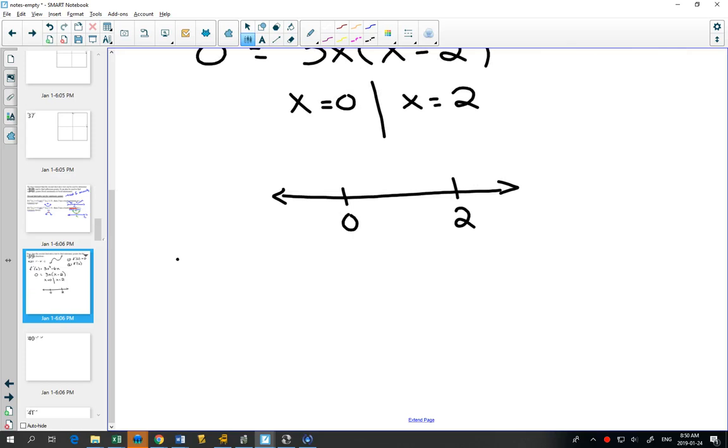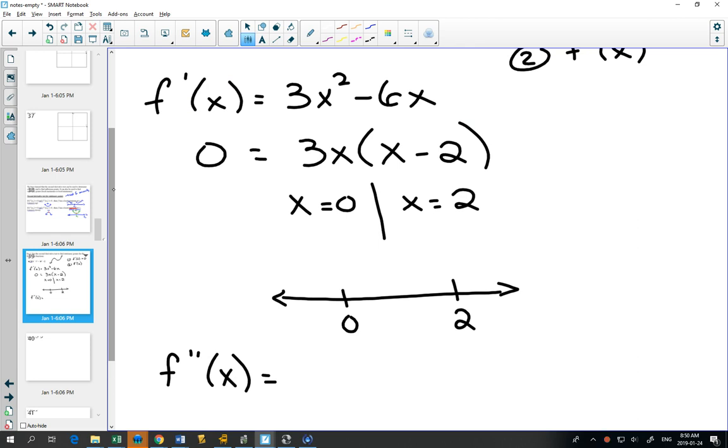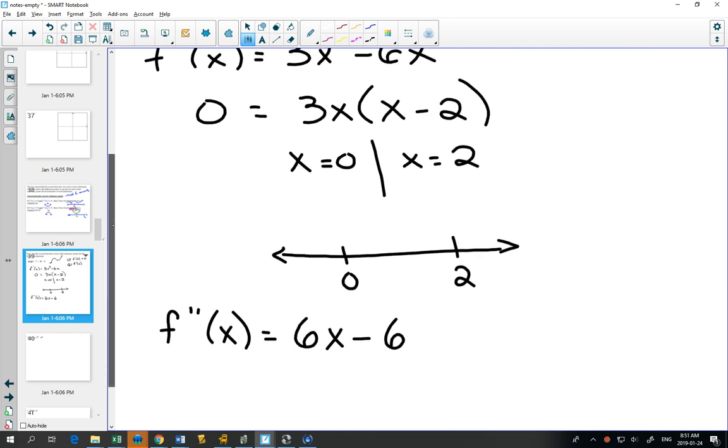Next, if we find our second derivative, so we take our first derivative, 3x squared minus 6x, find the derivative of that, we'll get 6x minus 6. Here we have our second derivative. Now, normally, on curve sketching, to find your inflection points, you would set your second derivative equal to 0.